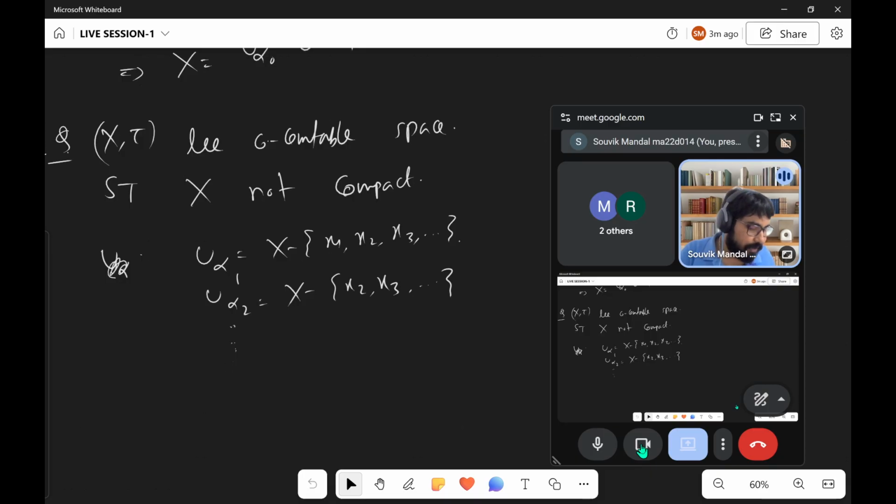So for simplicity, you can take that there are only U alpha 1, U alpha 2, U alpha 3 which cover the whole of X. Suppose you assume that, correct? Yes. That means their union U alpha 1, U alpha 2, U alpha 3 would be the whole of X, correct? Yes. So now tell me, what is the union of U alpha 1, U alpha 2, U alpha 3?